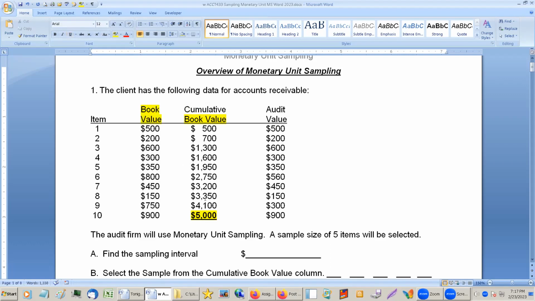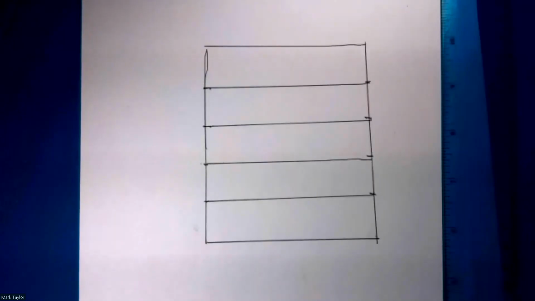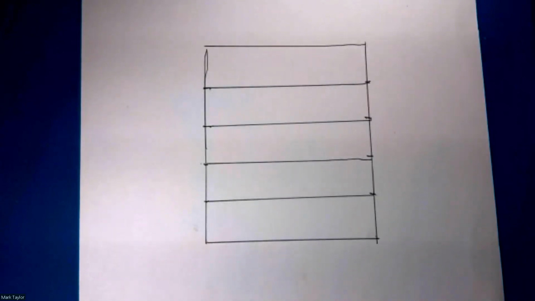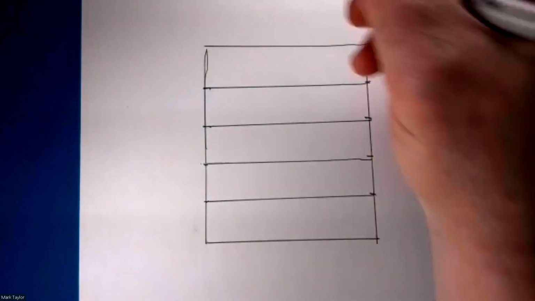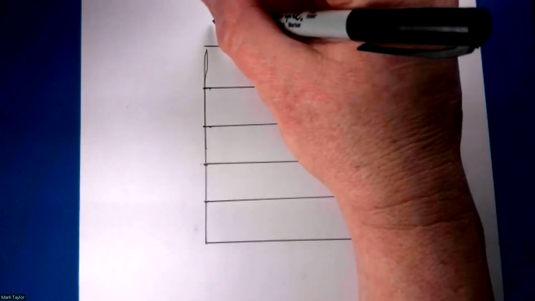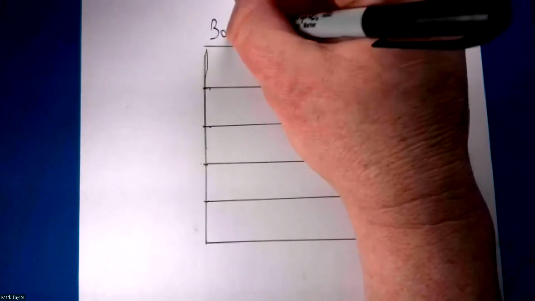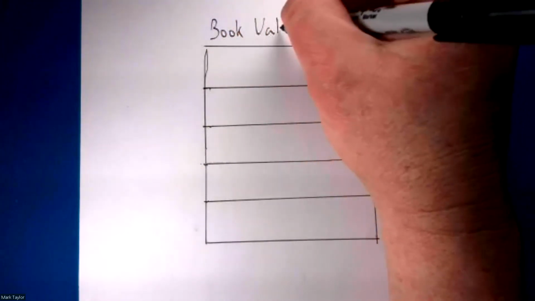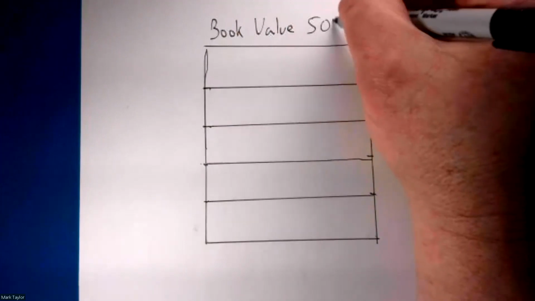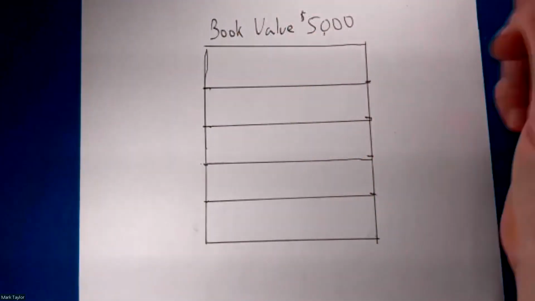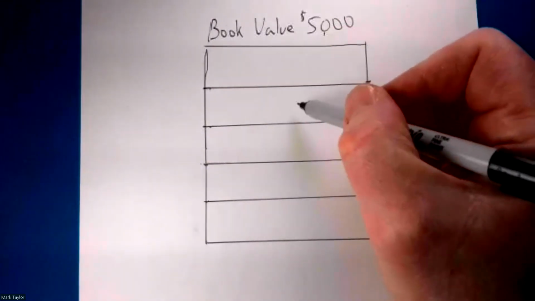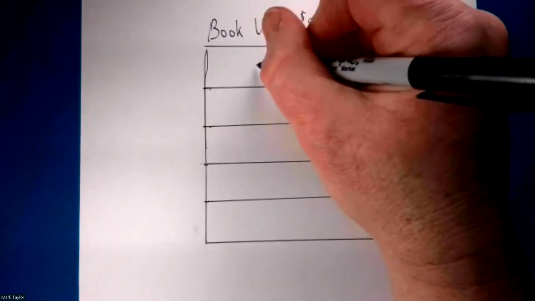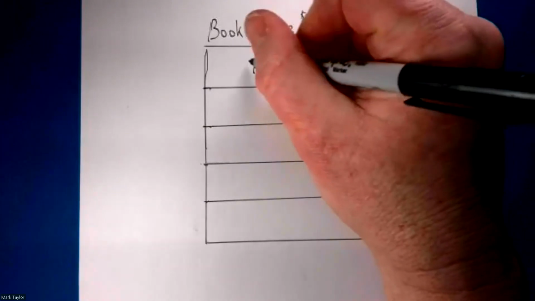Now, here's the idea behind what we're going to do. We are going to take that book value of 5,000 and break it up into smaller $1,000 chunks.